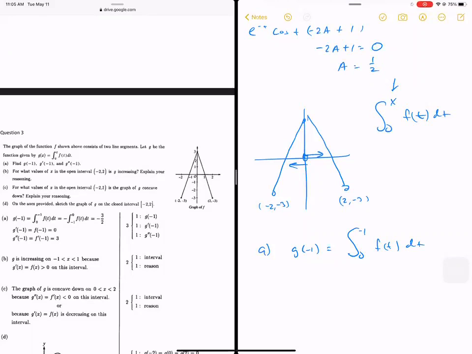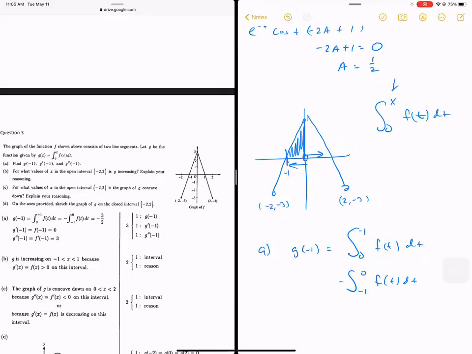So is this 0 to negative 1 left to right? It's not. So I'm going to spin it around and throw a negative sign in the front. So what is the integral of f of t dt between negative 1 all the way to 0?